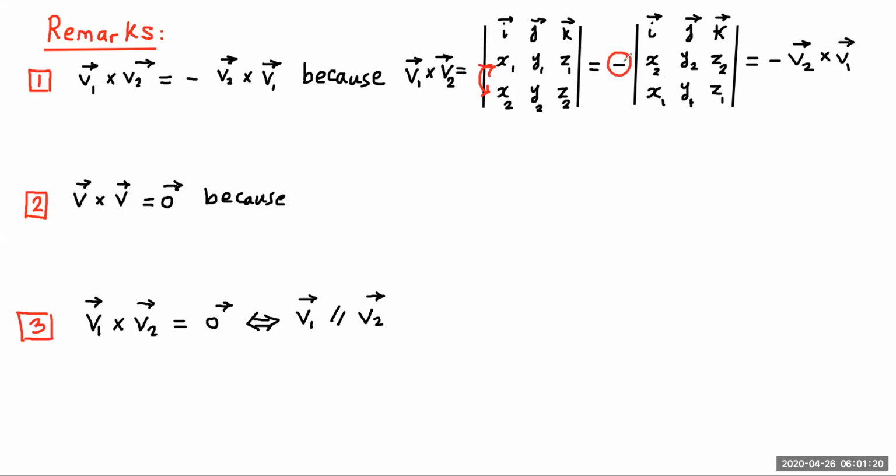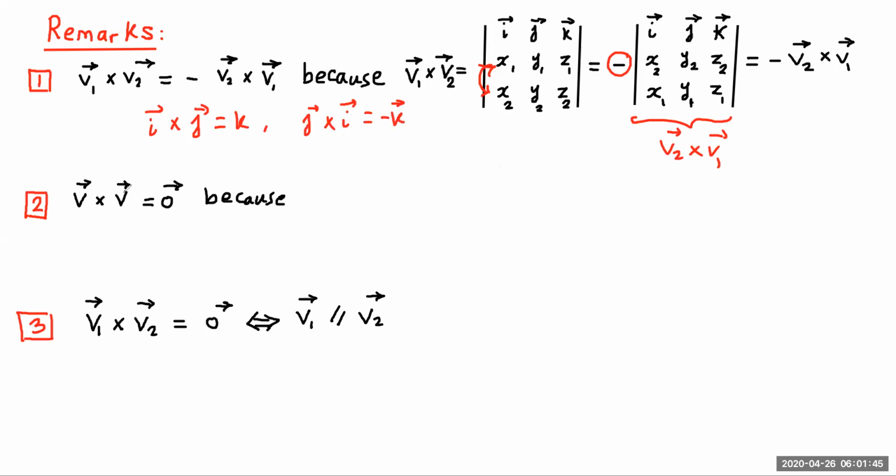So I can write minus and X2, Y2, Z2, X1, Y1, Z1. But this term is V2 cross V1. So V1 cross V2 equals minus V2 cross V1. In a particular case, for example, I cross J equals K, but J cross I equals minus K.